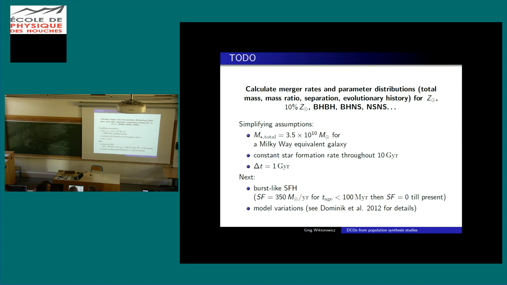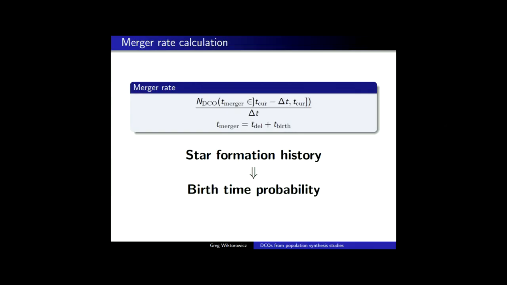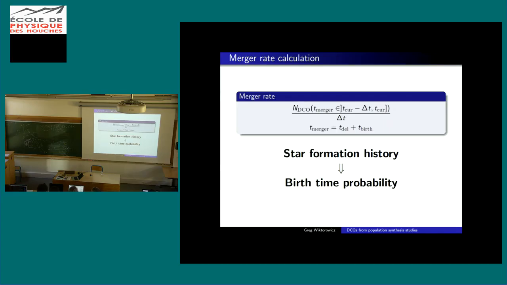And how do I calculate this? So this is the formulae in this box. We have a number of double compact objects for which T merger is between T current, which we can assume like 10 gigayears, the age of a galaxy, and delta T, which we just need for these statistical reasons.